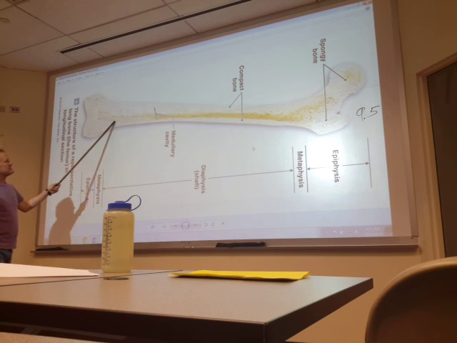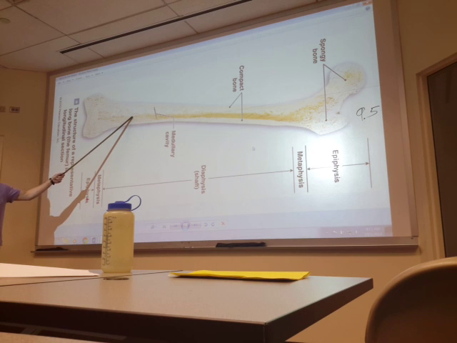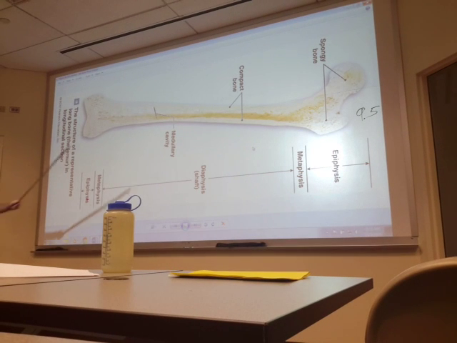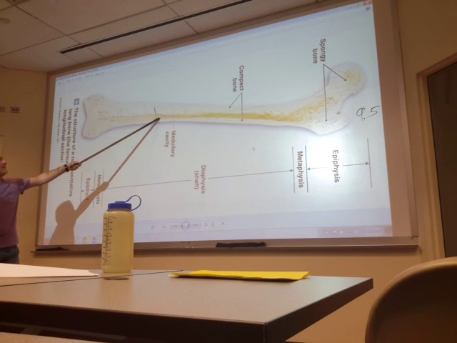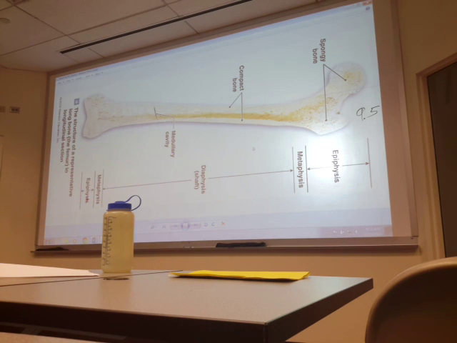But when we look at the shaft, deep to the compact bone, it's hollow. The hollow space is called the medullary cavity. If you actually had this in your hand, it would kind of look like you chopped down a tree, cut it longitudinally, and hollowed it out to make a canoe. It's exactly the way it looks, in fact.